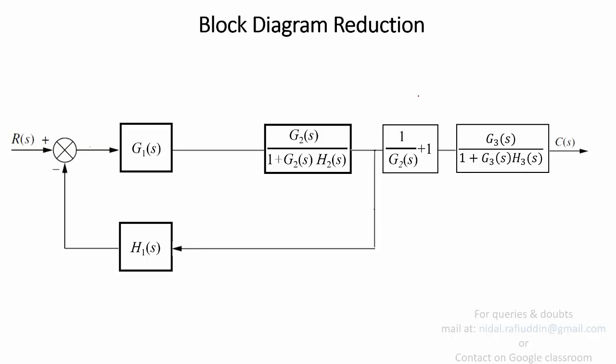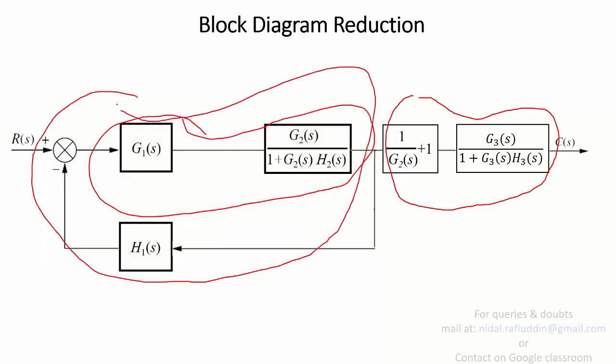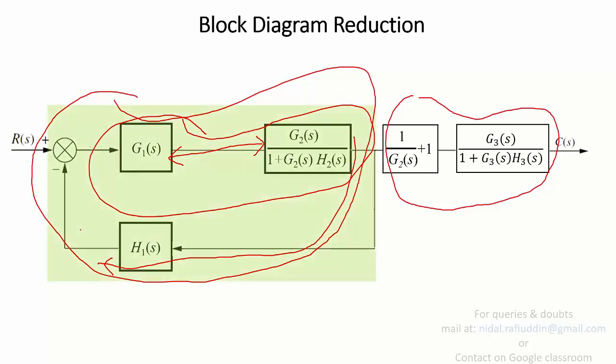Now again you have these two gains connected in cascade or series. These two are connected in series, and then finally you have these two connected in a feedback loop. So you are going to first multiply these two gains, then you're going to apply the rule of elimination of the summing point since H1 is the feedback part, and you're going to multiply these two gains.